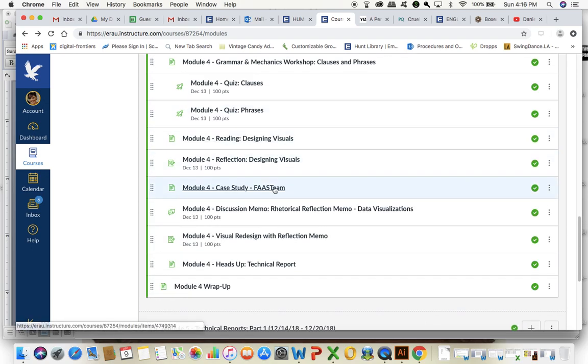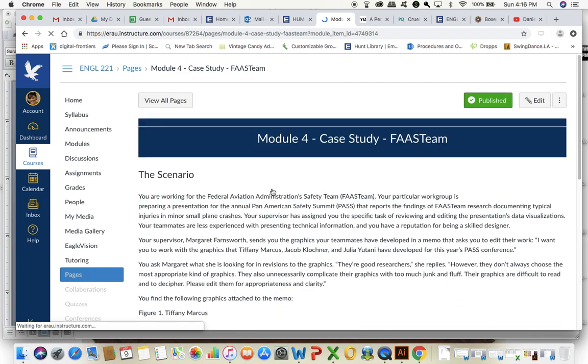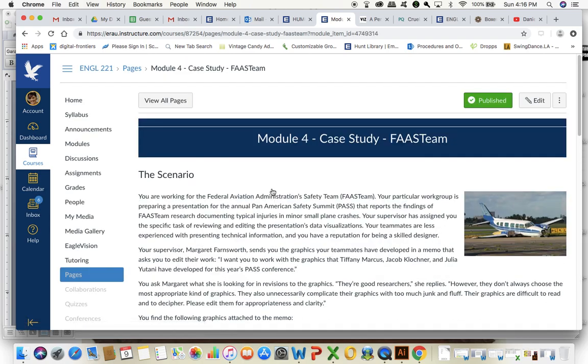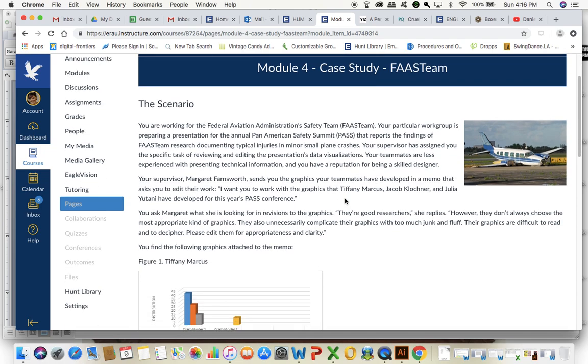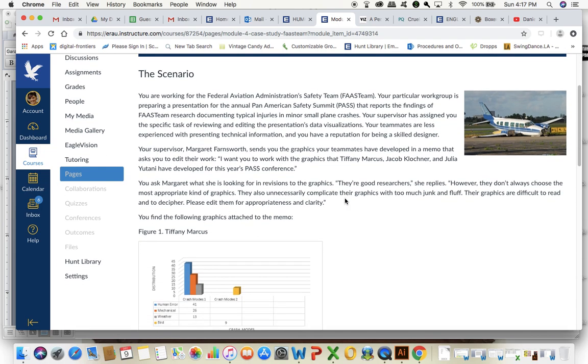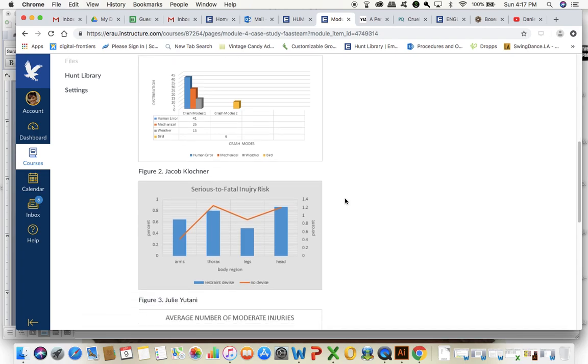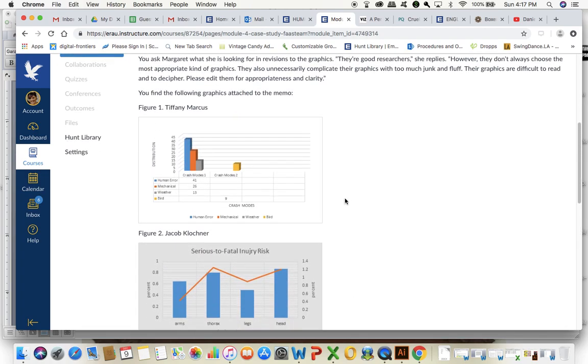And then the case study is just something that you read through, and in other assignments you respond to it. It gives you this case study about how this manager or supervisor reaches out to one employee and says, hey, these three people provided me with this data viz, and the three examples are here.